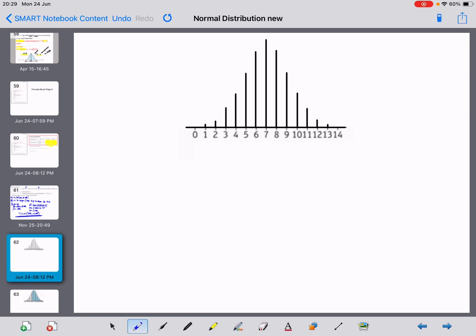Okay, so here we've got some discrete bars or sticks, as I like to call them. What we can do is plug the gaps. So let's say we wanted to work out the probability that x is greater than or equal to 6.